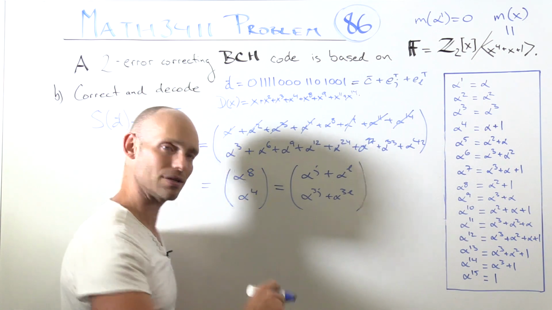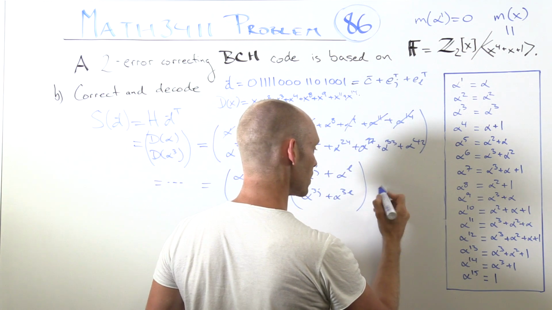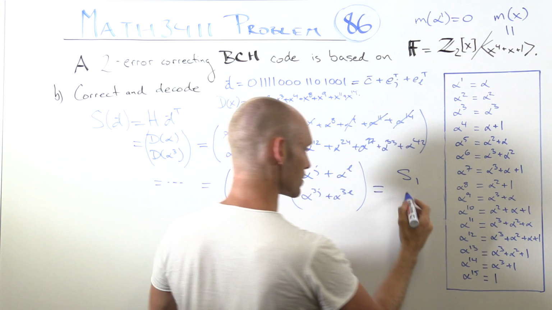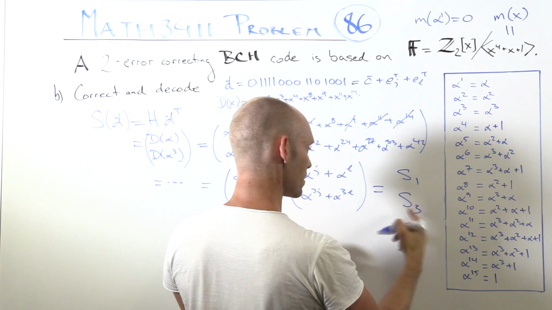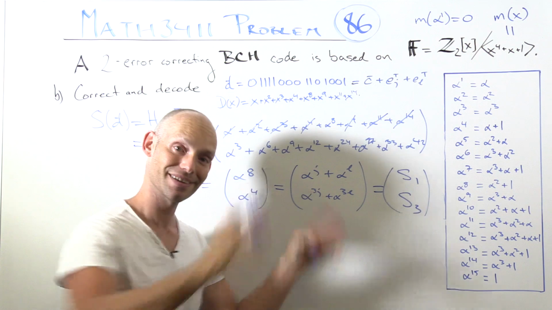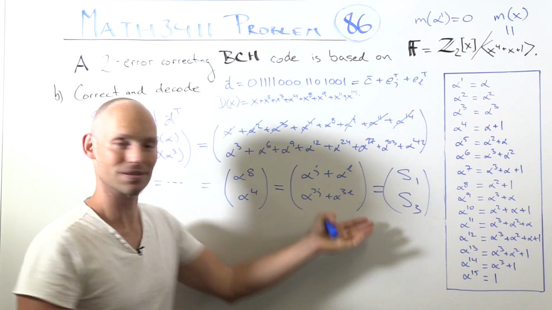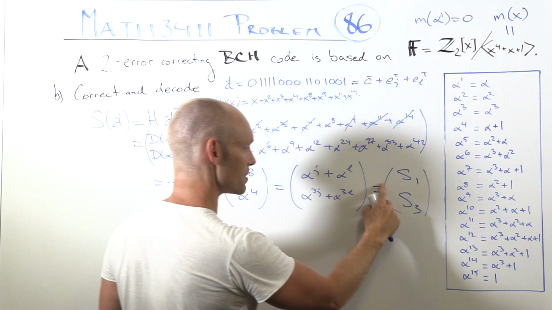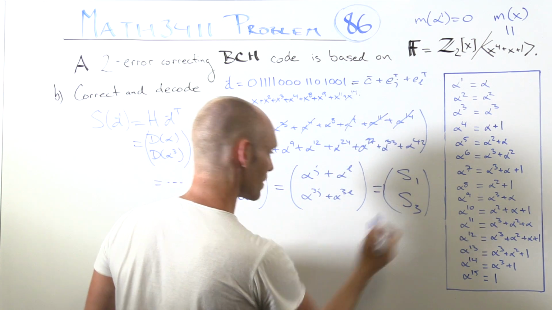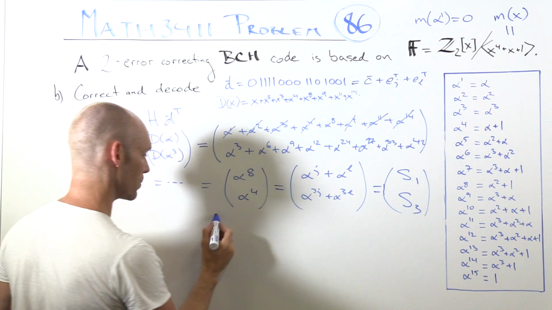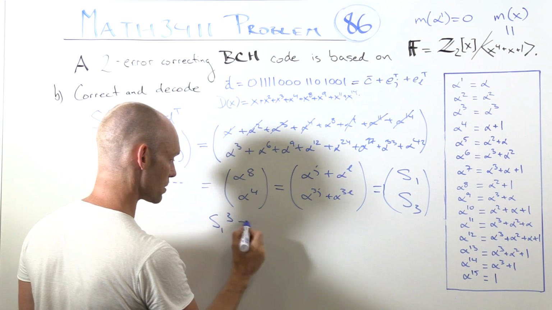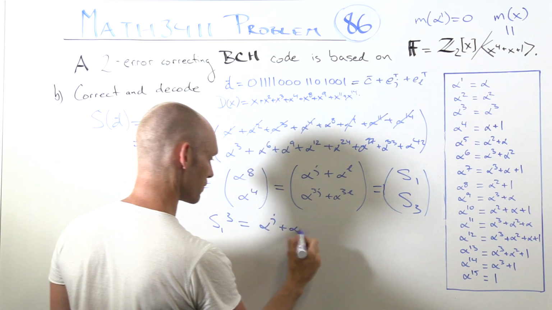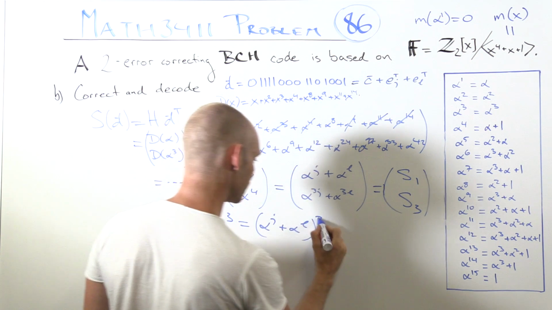And here's a little sneaky trick. What we're going to do is write the top sum here as S1, and the bottom one as S3. Ta-da! Of course, that doesn't do anything except write more symbols on the board. But the reason we did that is that now we can say S1 cubed is alpha to the power of j plus alpha to the power of L, cubed.